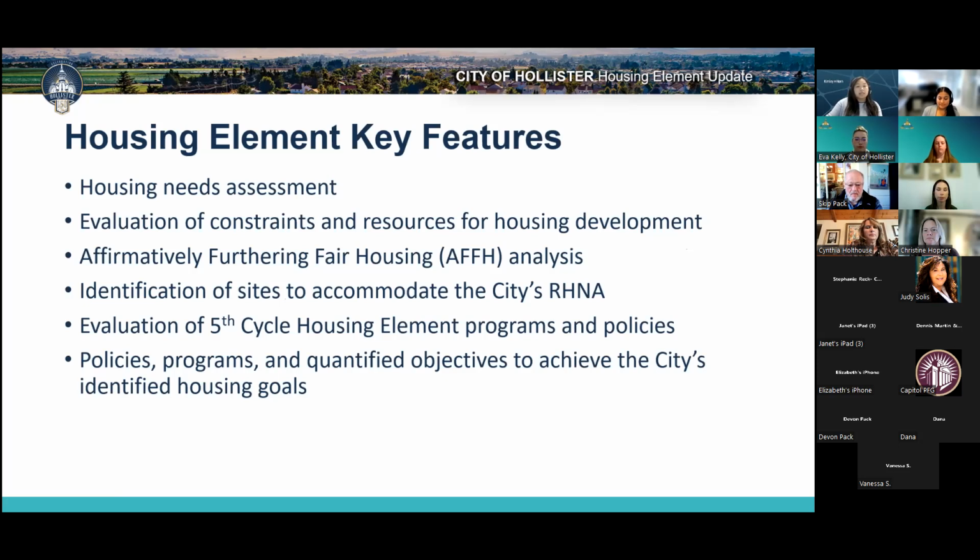The newest requirement is the affirmatively furthering fair housing, AFFH, analysis, which looks at fair housing practices and fair housing laws. The housing element must also identify sites that can accommodate the city's RHNA, which we will discuss in the next slide. And lastly, the housing element reviews existing policies and programs and establishes new ones to meet the city's housing needs and remain compliant with state laws.